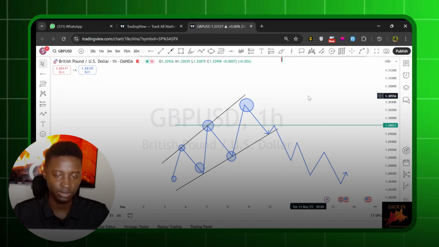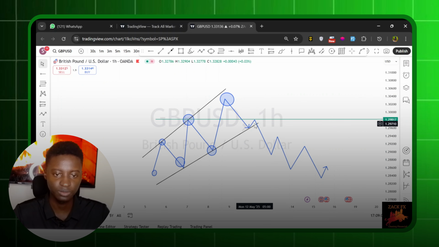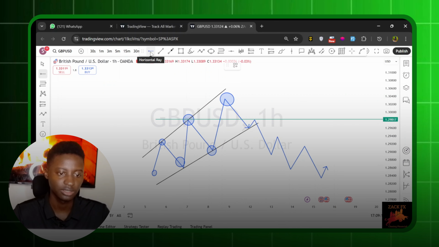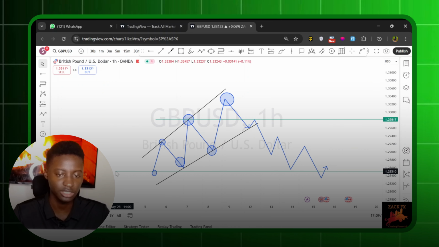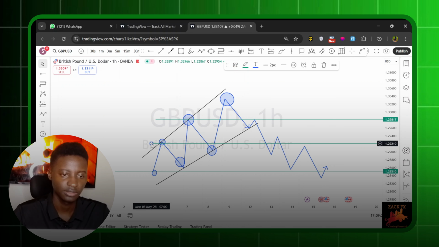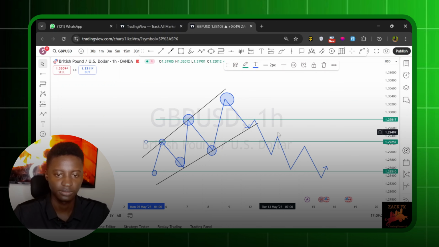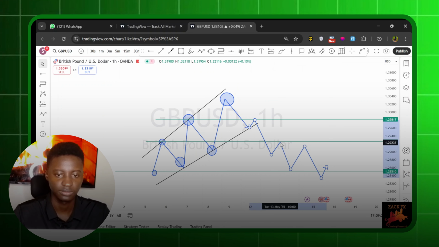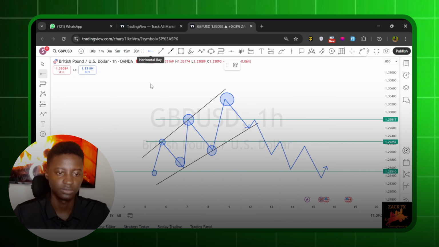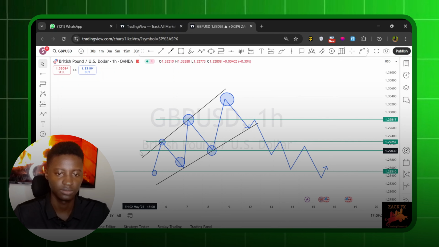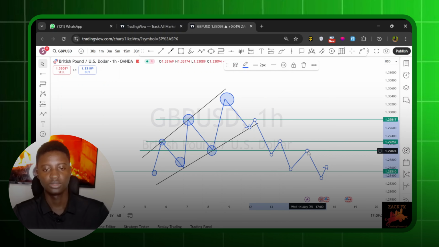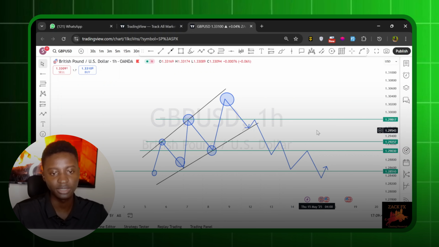If you look at this phase, price broke here and then it came into a downtrend, giving us crisp selling opportunities. These are the two scenarios of an uptrend and a downtrend.